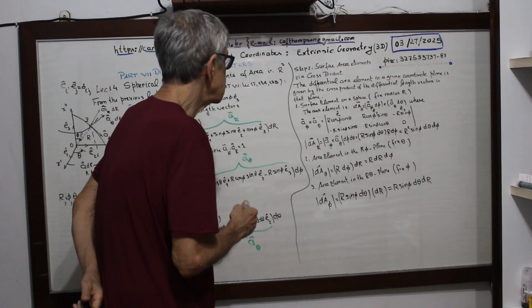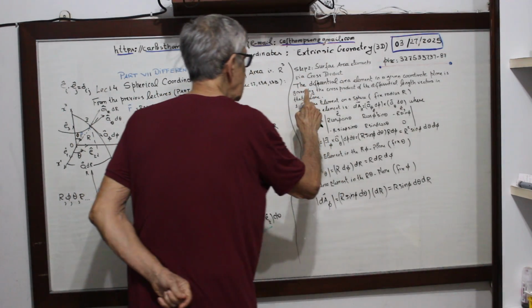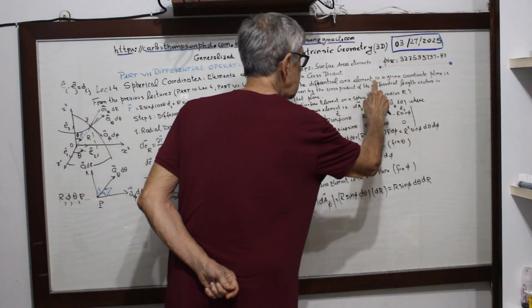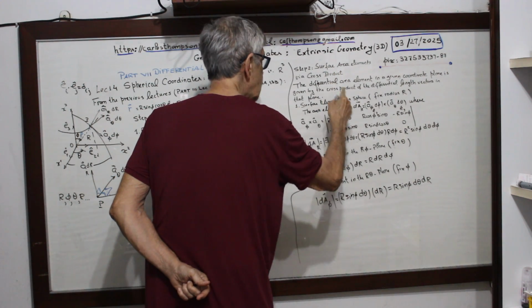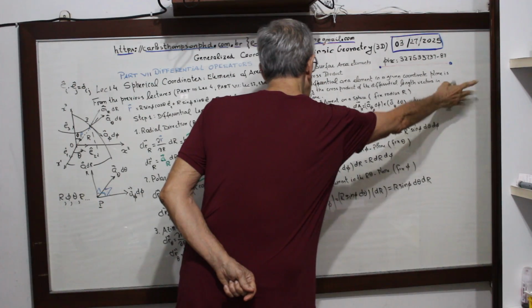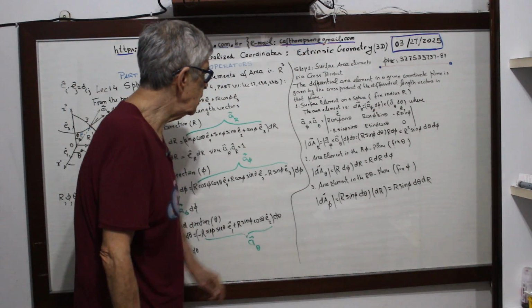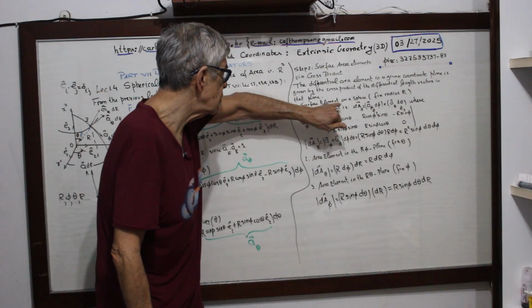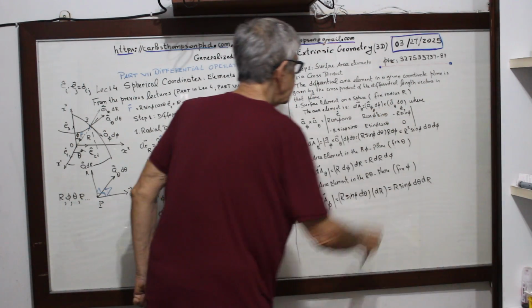Surface area element via cross product. The differential area in a given coordinate plane is given by the cross product of the differential length vectors in that plane. Surface element of a sphere. There's a fixed radius.